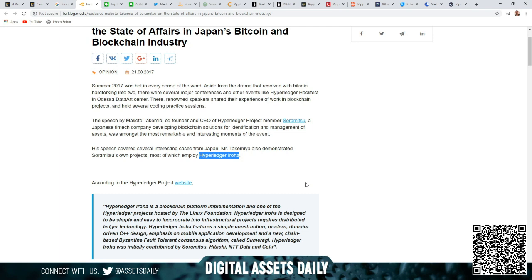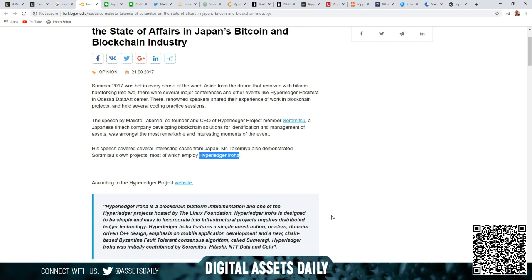Hyperledger Iroha is designed to be simple and easy to incorporate into infrastructural projects that require distributed ledger technology, the DLT. So now keep in mind you have Hyperledger and you have DLT. Hyperledger Iroha features a simple construction, modern domain-driven C++ design, emphasis on mobile application development, and a new chain-based Byzantine fault-tolerant consensus algorithm.